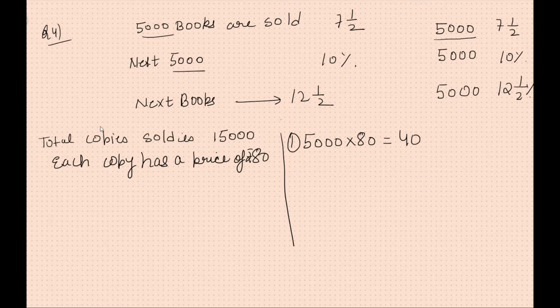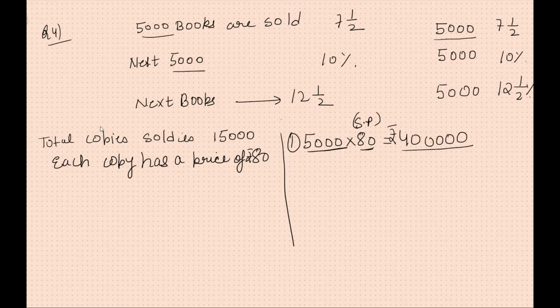Four zeros: ones, tens, hundreds, thousands, ten thousands, lakh. So 4 lakh rupees for the first 5,000, and he is getting 7.5% of the selling price. So for 5,000 copies sold, 5,000 into 80, 4 lakh rupees are received.